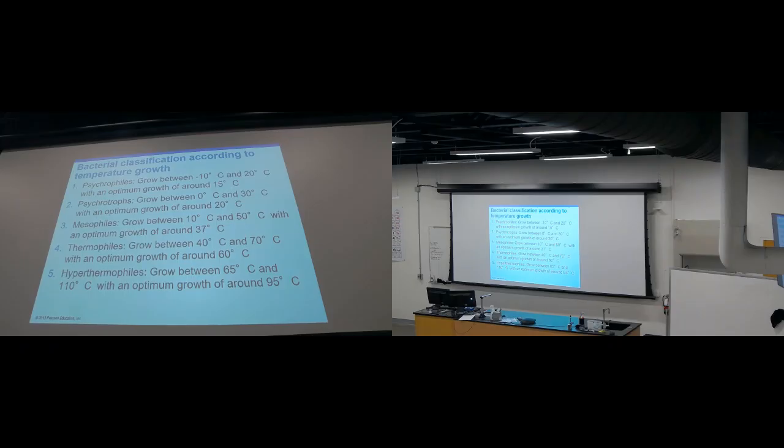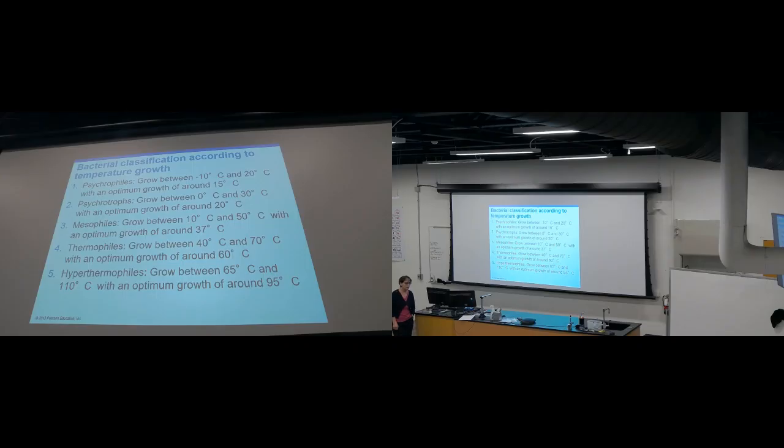The optimum growth temperature for these psychrophiles is somewhere in the middle. And then psychrotrophs grow between 0 and 30 degrees Celsius with an optimum growth temperature of 20 degrees Celsius. Mesophiles grow between 10 and 50, and they have an optimum growth temperature of 37 degrees Celsius.